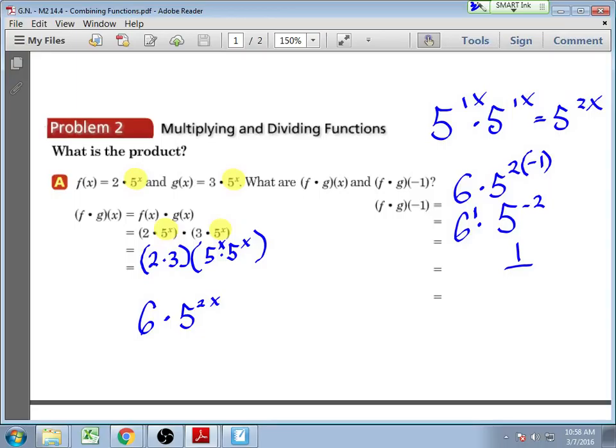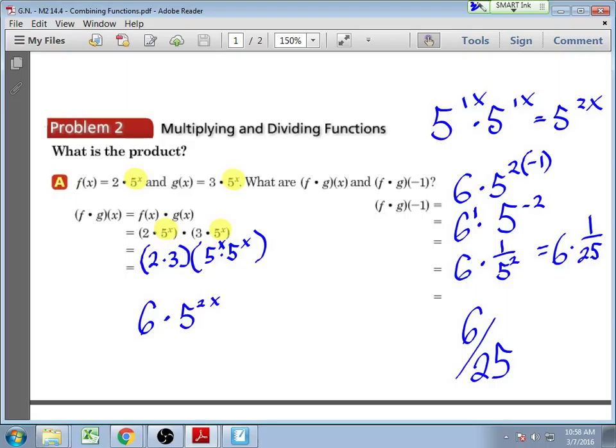So Leon, what did you have? So I had 6 times 1/25. Right. If I show all the work, it's 6 times 1 over 5 squared, which then becomes 6 times 1 over 25, which eventually, Leon, is just 0.24. Well, okay, 6/25.